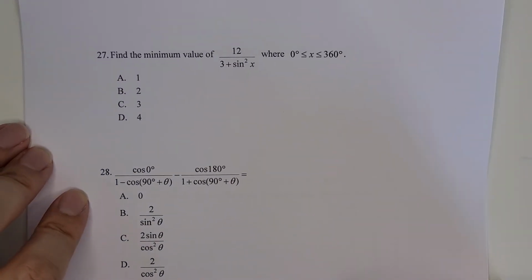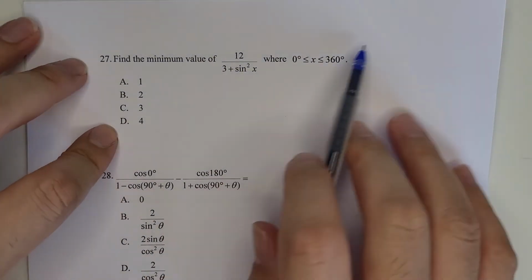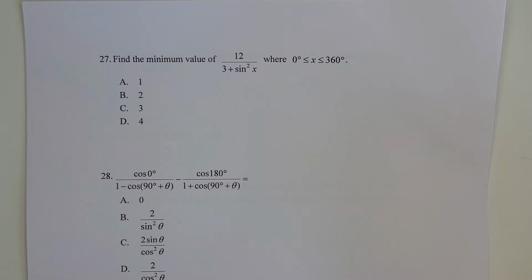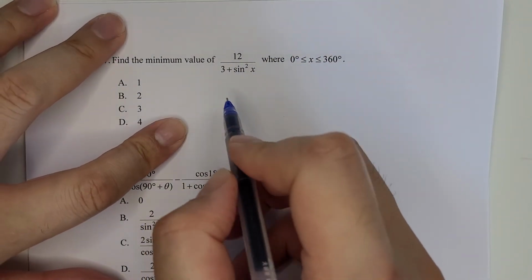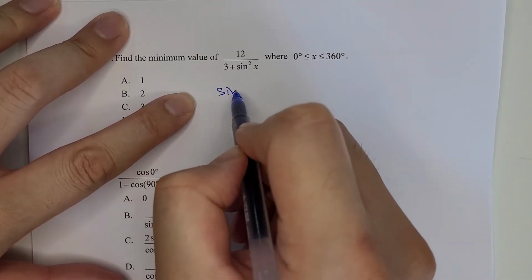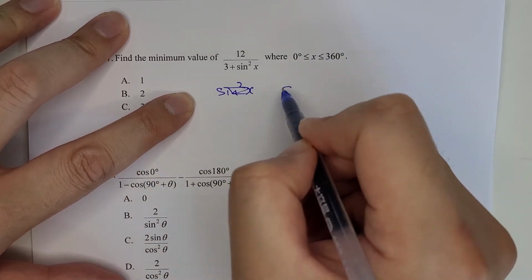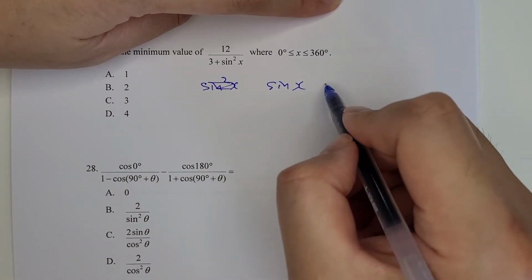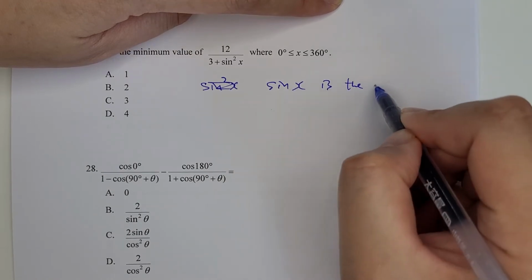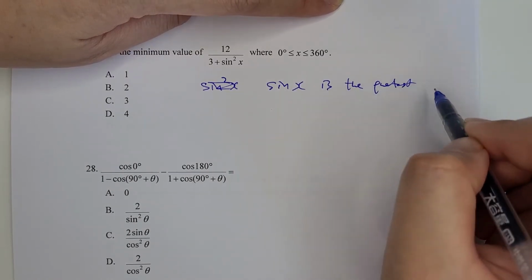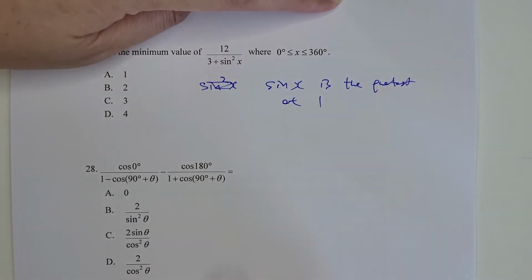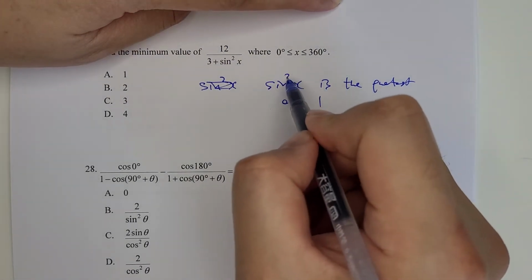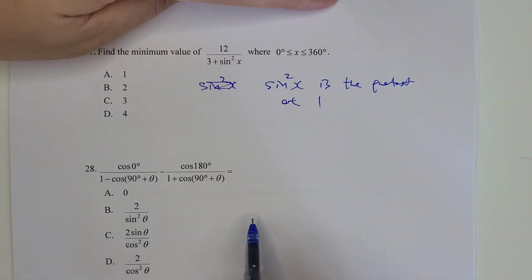So go to question number 27. Find the minimum value of these expressions. Okay, since you know that sine x is the greatest at 1, also sine square x is the greatest at 1, right?